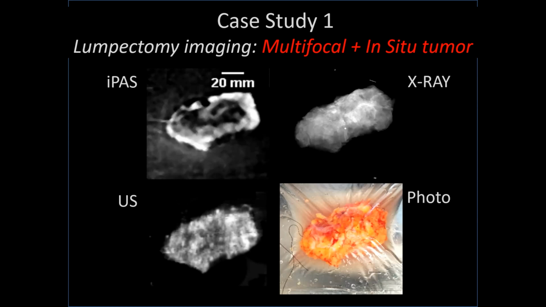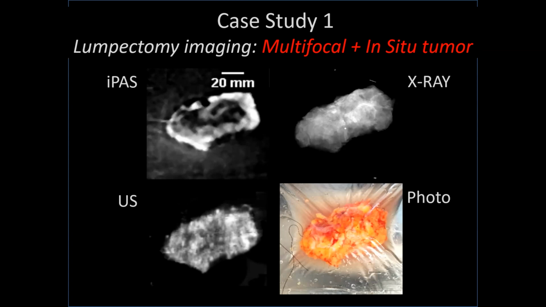During the surgery, we used our system intraoperatively to image the lesion, and the results are shown here. On the top left is the iPAS, or our system's, image at 930 nanometers, so it is a lipid-weighted image.